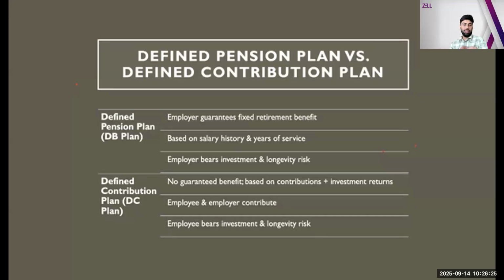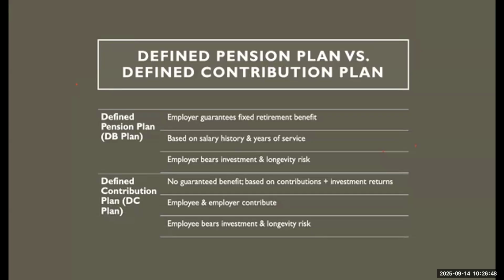So the last pointer under pension concept: employer bears investment and longevity risk. Who bears the risk here? Employer. Employer bears the investment risk, employer bears the longevity risk, either of the cases. If the market crashes, the employer still has to pay you pension.